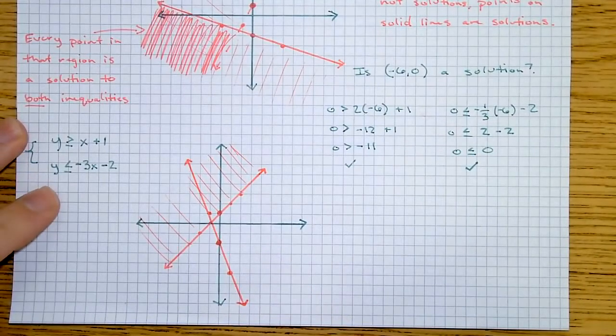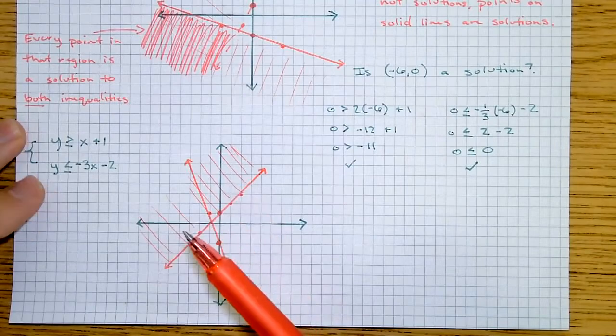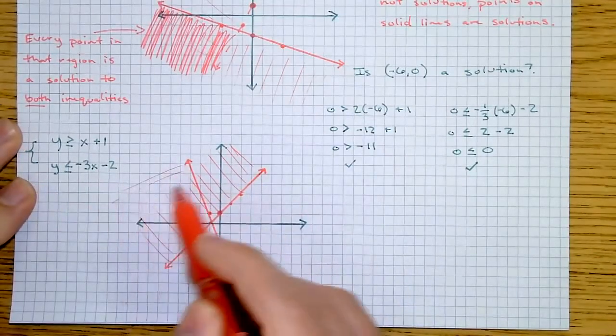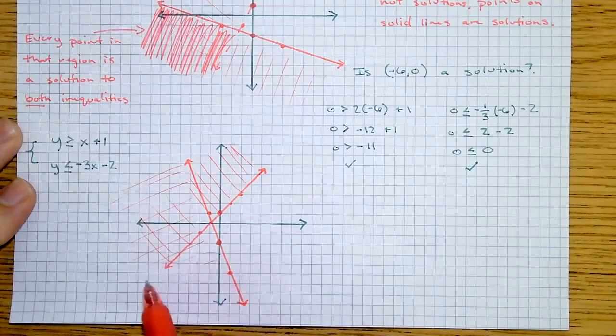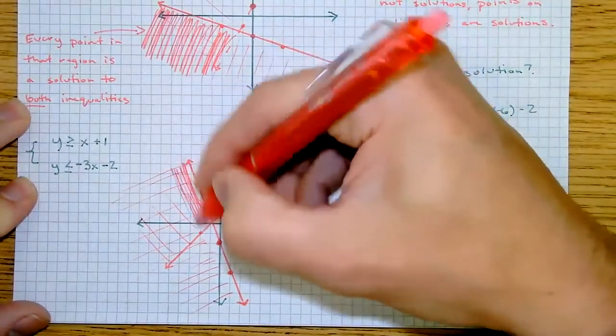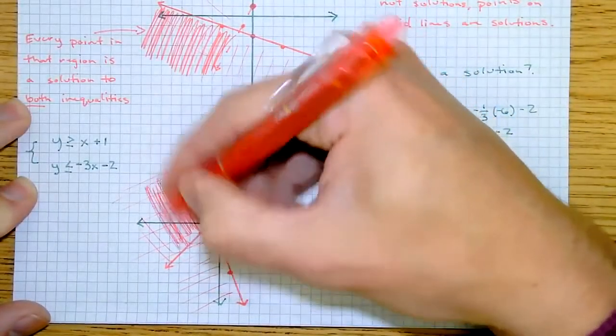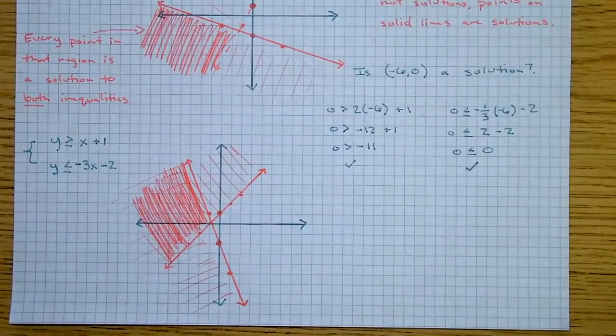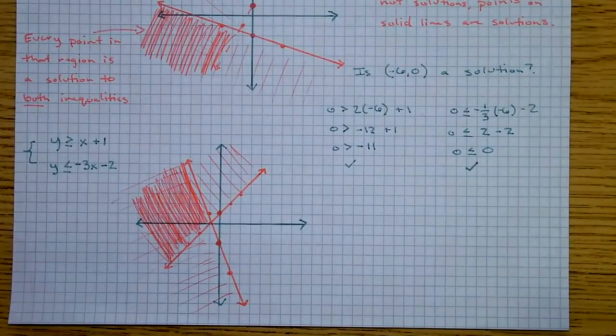Less than or equal to negative 3x minus 2 should be shading below, which isn't super easy to tell, but it should be over here. Now I just want to go back and darken wherever they overlap, like so. Any point in that double shaded region is going to be a solution.